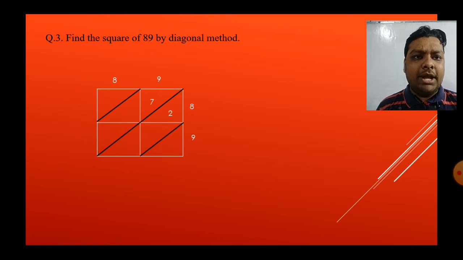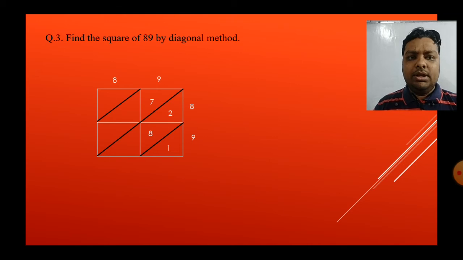So we will multiply that one. 9 into 8 will be 72. 72 is a 2-digit number, so we will write 7 in the first column and 2 in the second column. Then downside, here you can see 9 into 9, it means 81. 8 in the first column and 1 in the second column. Then here the first sub-square, 8 eights, it means 64.